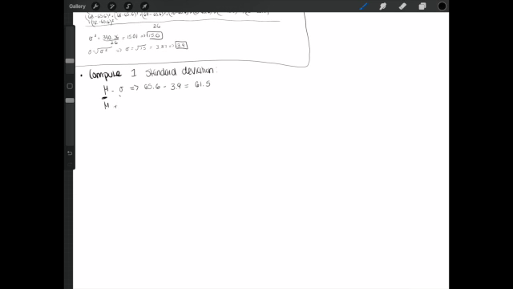Now we're going to do the opposite and do addition. So this will give us 65.6 plus 3.9, and this gives us 69.5.